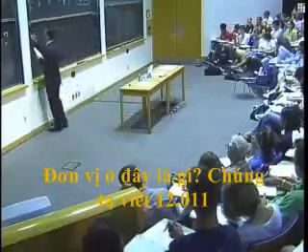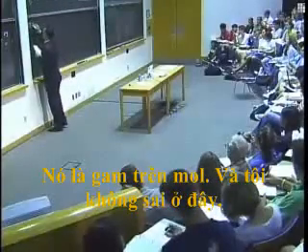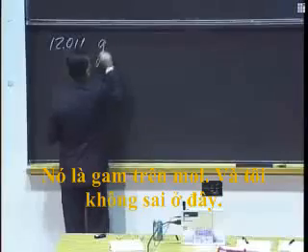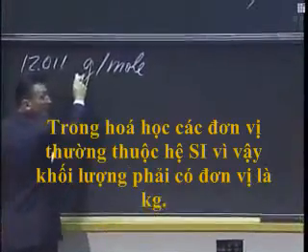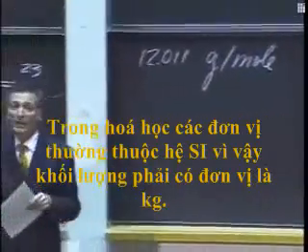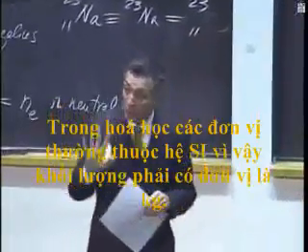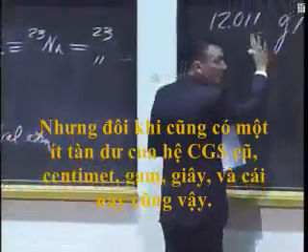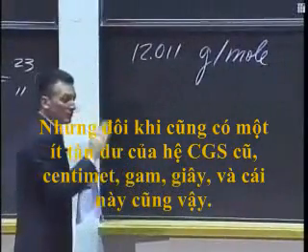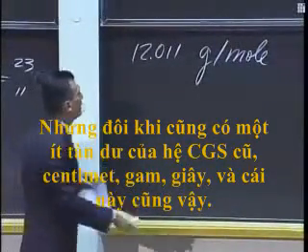What are the units here? We write 12.011. It's either grams per mole, and I'm not making a mistake here. Most of chemistry has gone SI, so every mass should be in kilograms, but occasionally there's this one little remnant of the old CGS system, centimeters, grams, second, and this is one.